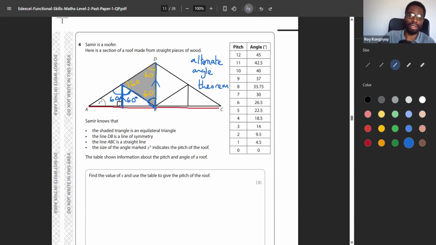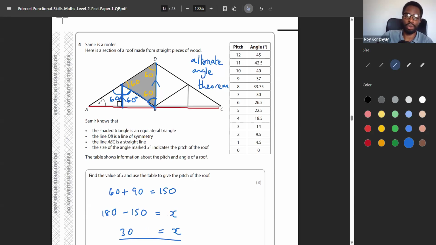And a right angle means it's 90 degrees. So if this is 60, this is 90, their sum is 150. And since there's 180 degrees in a triangle, x must be 180 minus 150. So x is 30 degrees.